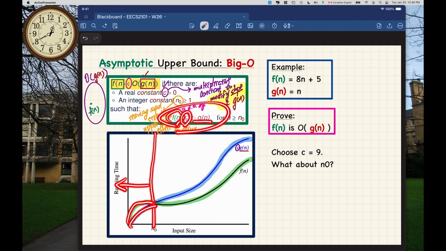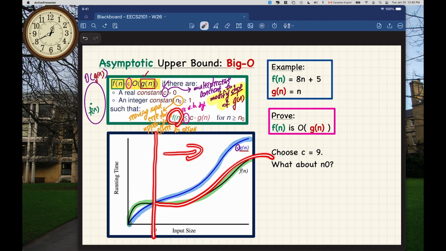Is this less than or equal to that? No, it's not. On the other hand, if you look to the right of this point, f of n is always less than or equal to c times g of n. You can see less than or equal to is actually right.